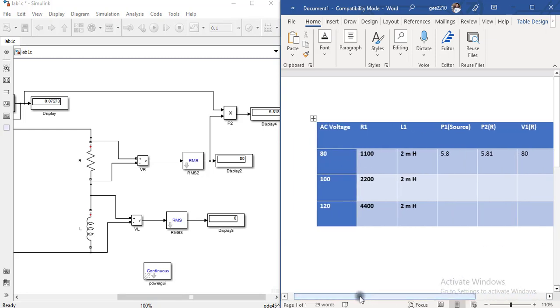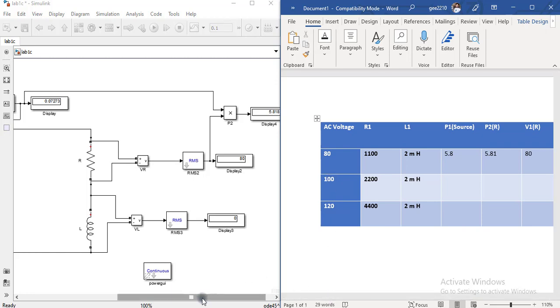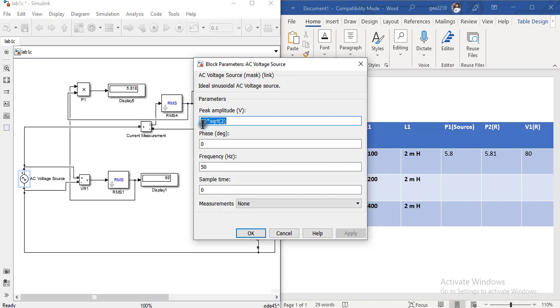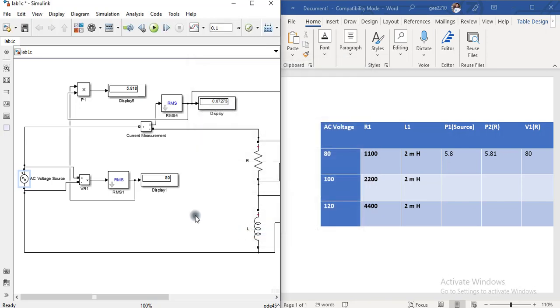Okay, now we have to change the source voltage. So I just have to replace it with 100 volts and then run it. Okay, so I need to change the value of resistance also.